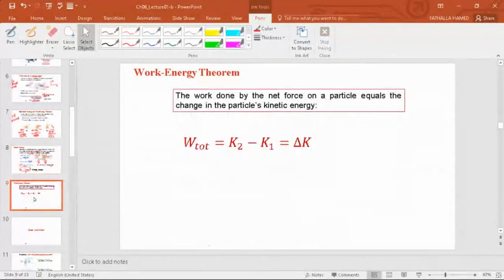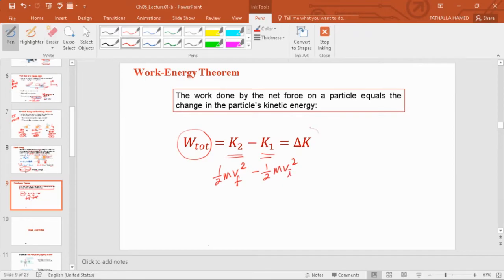So now, if I look at the total work, this should equal K2 minus K1, where K2 is equal to 1/2 mv2 squared and K1 is 1/2 mv1 squared. In some textbooks, you may actually see final and initial here.